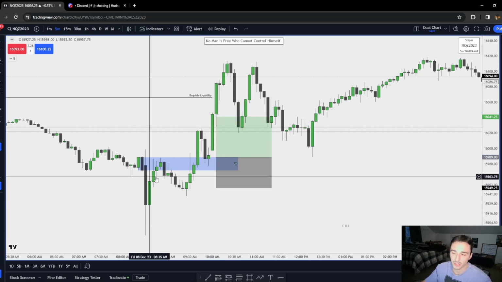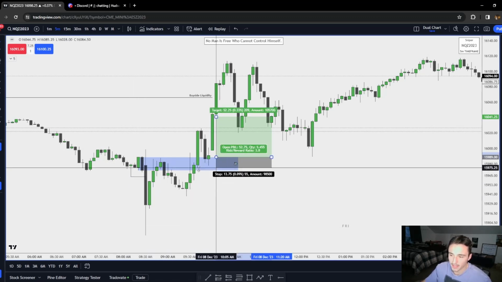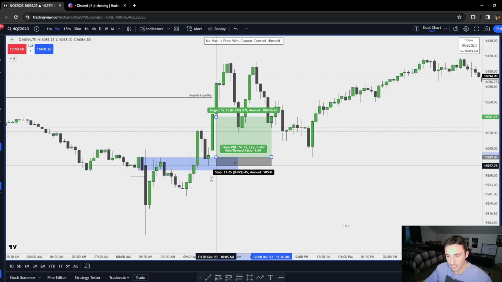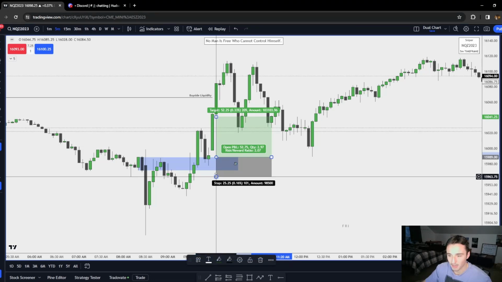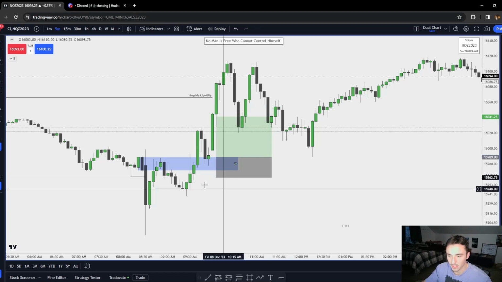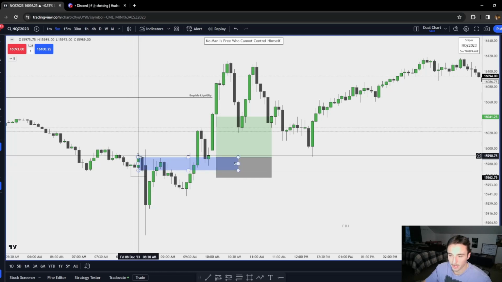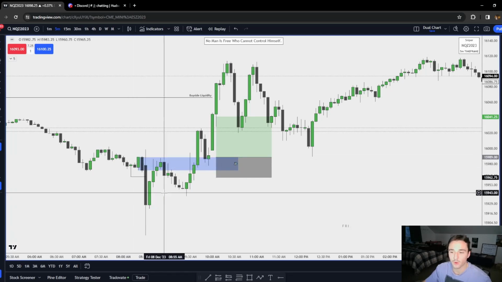And then where is your stop? Your stop can either be at the low of the candle that created the fair value gap here. But what I like to do with these is usually have my stop a tick below the breaker low here. So the low before the breaker and then the move down, that is where I have my stop.